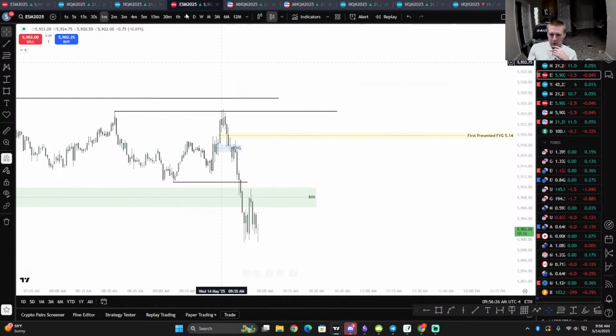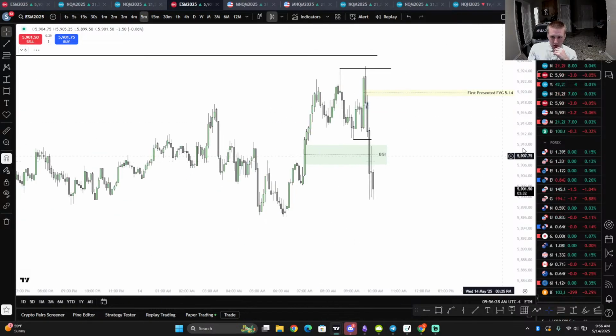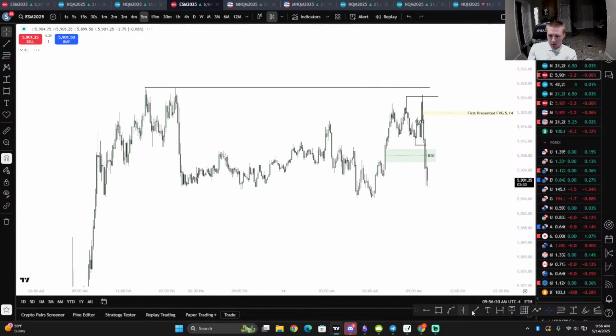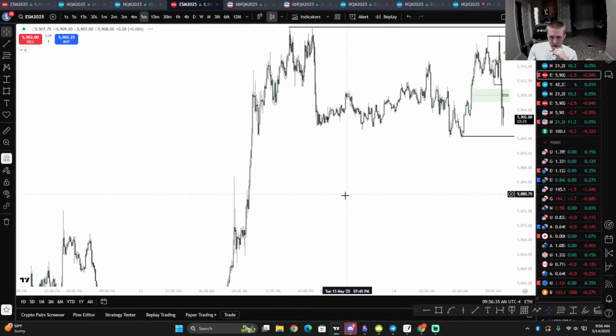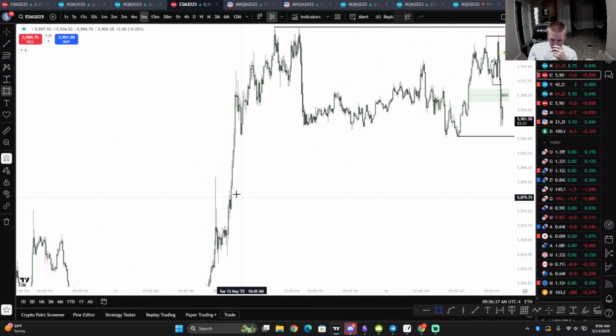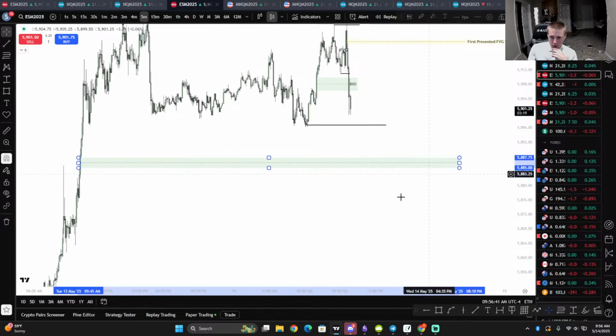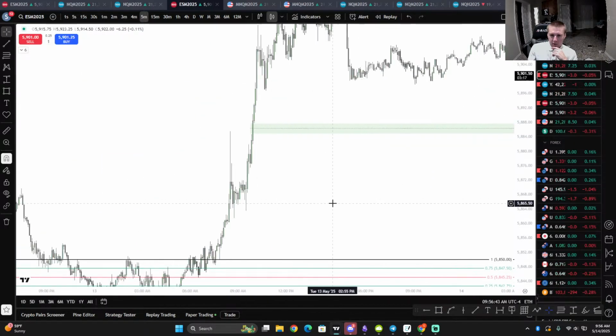We're in a clear sell program. So I'll expect these lows, and then we have this inefficiency here. And then you have this wick.